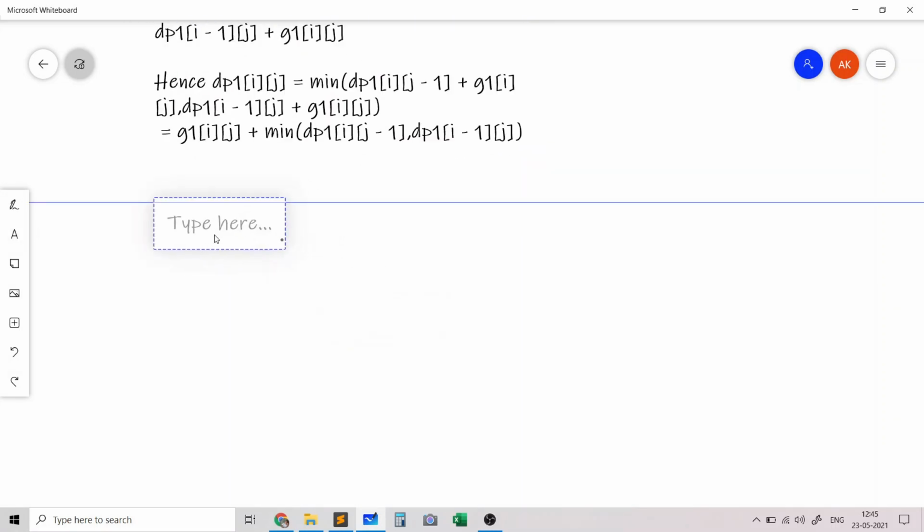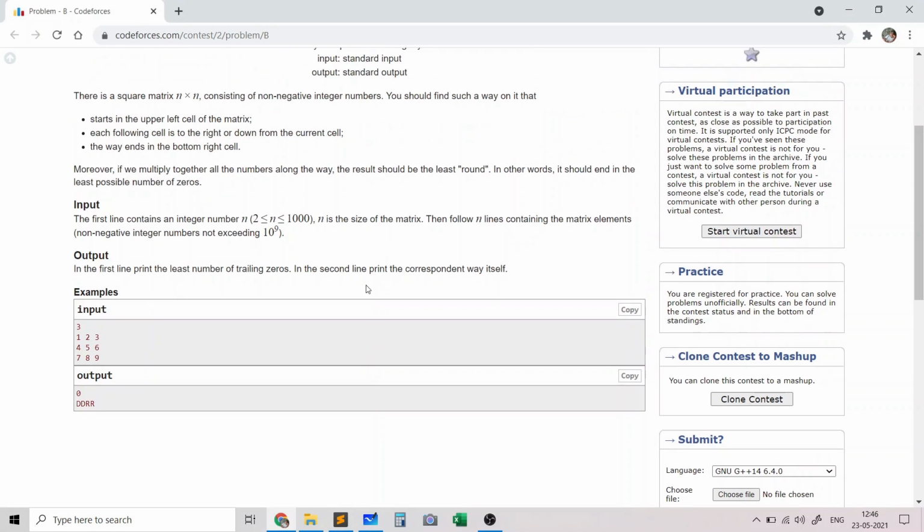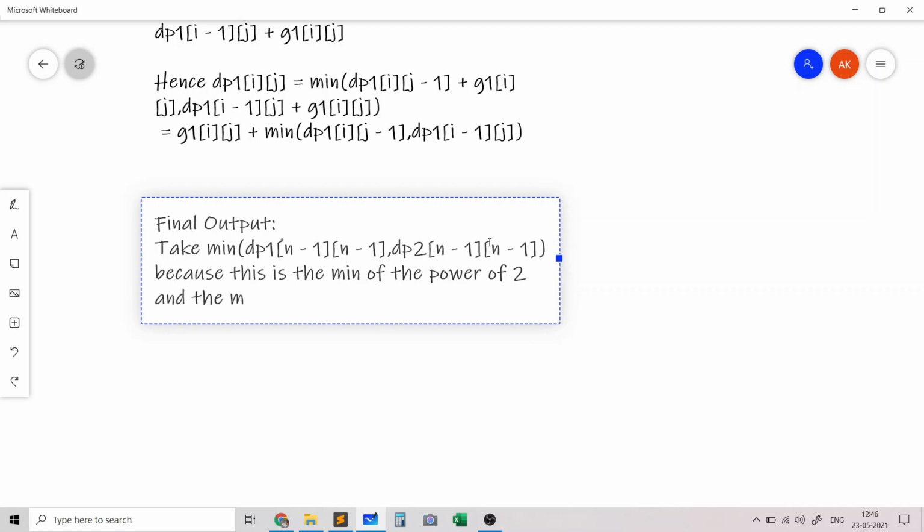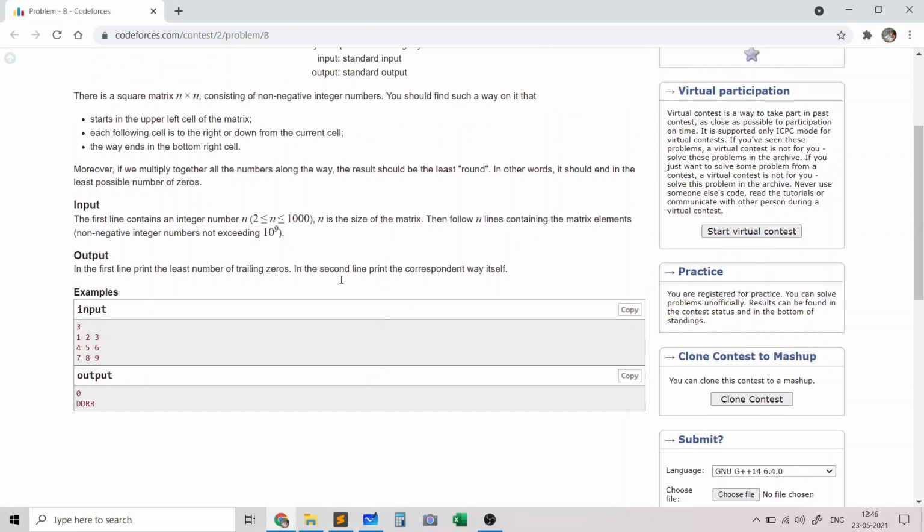So for the final answer, in the end, we would just output the first number as the minimum of dp1 n minus 1, n minus 1 and dp2 of n minus 1 comma n minus 1, because this is the min of the power of 2 and the power of 5 in the product, and hence we would just output that, because that's the first line of output, the number of trailing zeros.